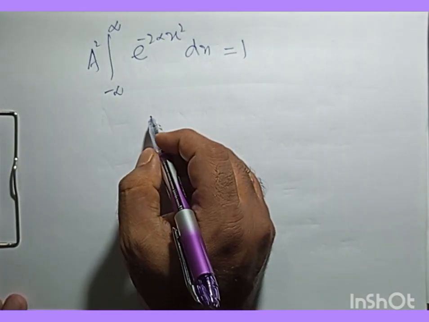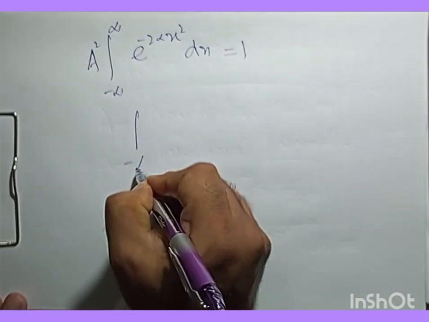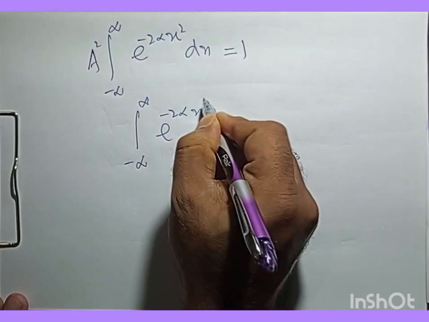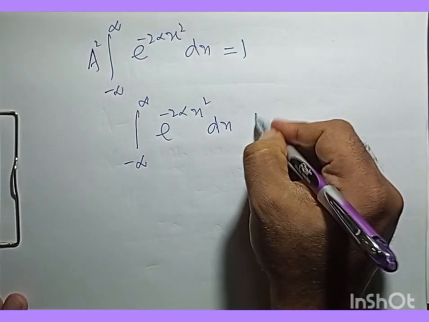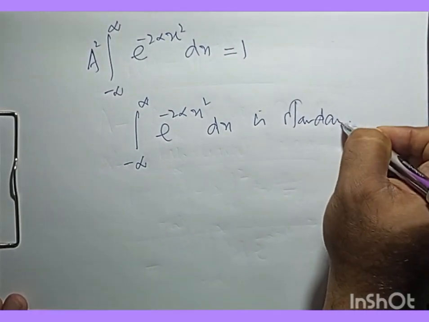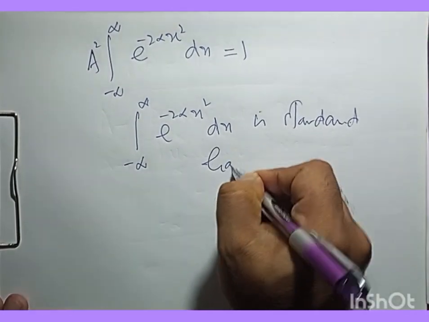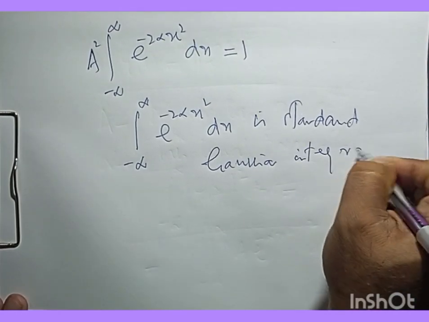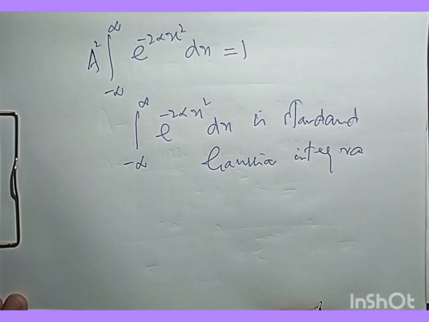And we have a standard integral here. This is a standard Gaussian integral, the integral from minus infinity to infinity of e to the power of minus 2 alpha x square dx, and we will directly substitute its value.